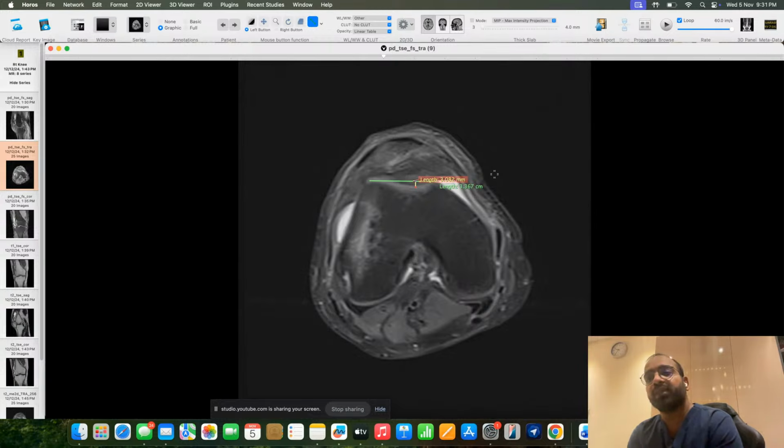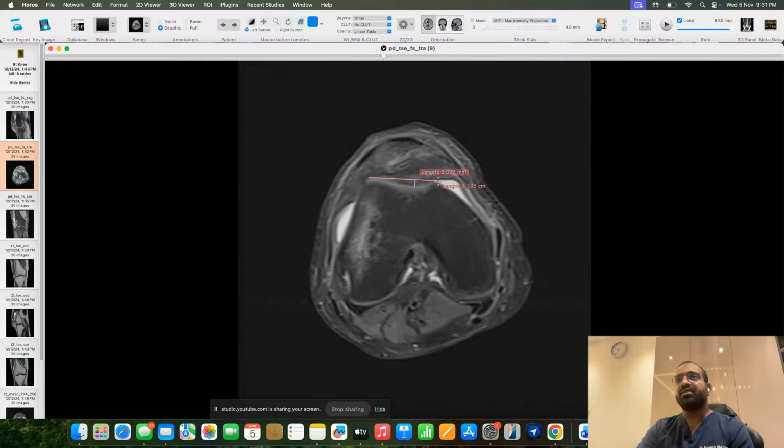Previously it was 4 mm, but now even 3 or more is a good amount of sulcal depth. I draw a line across the trochlea from the anterior prominence of the trochlea and take the measurement. It is better to take it on T2-weighted images so that we can skip the cartilage. So this is the sulcal depth.